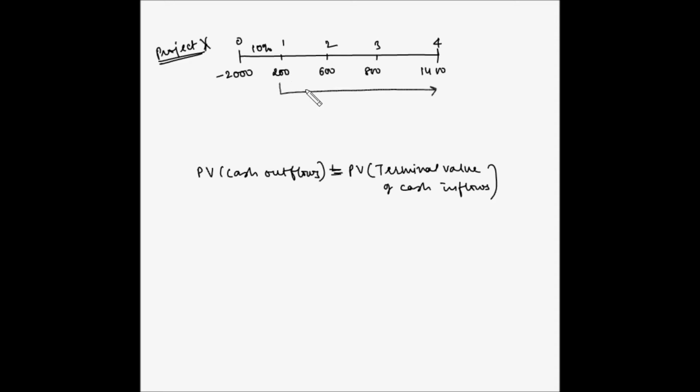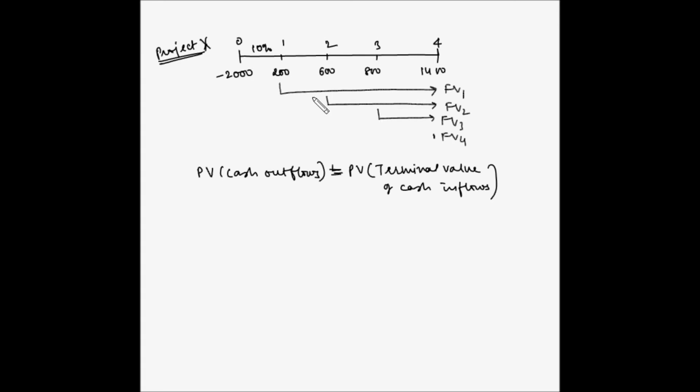So the future value of these 200 rupees, let's say this is FV1. Future value of this 600 rupees is, let's say, FV2. The future value of this 100 rupees is FV3. And the future value of this 1400 rupees is, let's say, FV4.